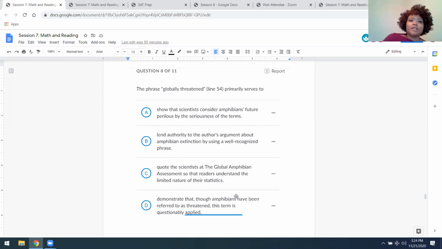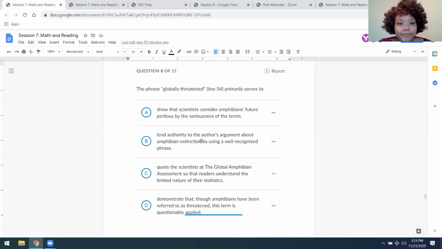I don't know that the phrase is well recognized, and nothing in the passage says that it is. I believe the only outside knowledge you will need for SAT passages is what certain words mean, like earlier, when we went over compelled versus captivating.